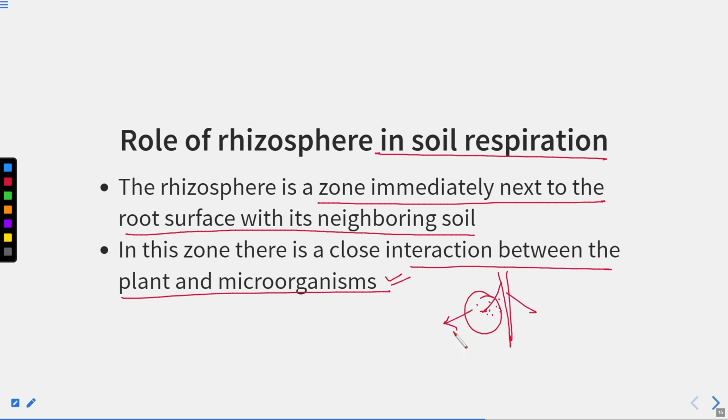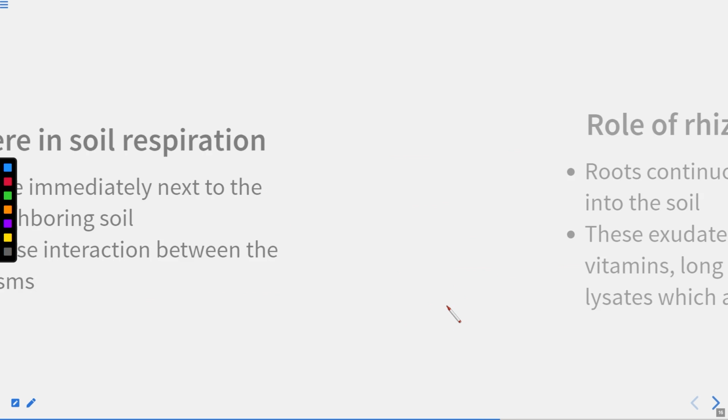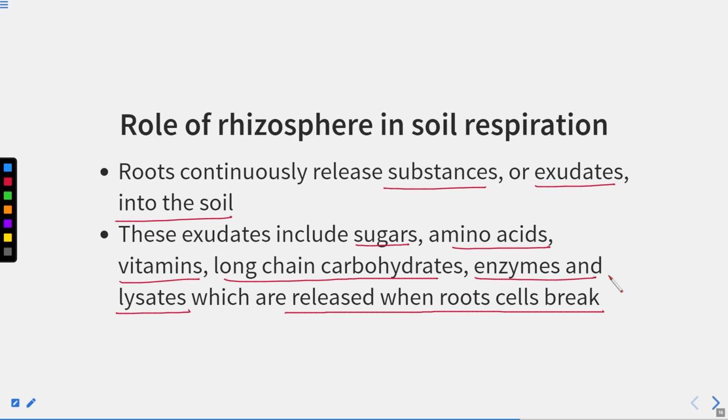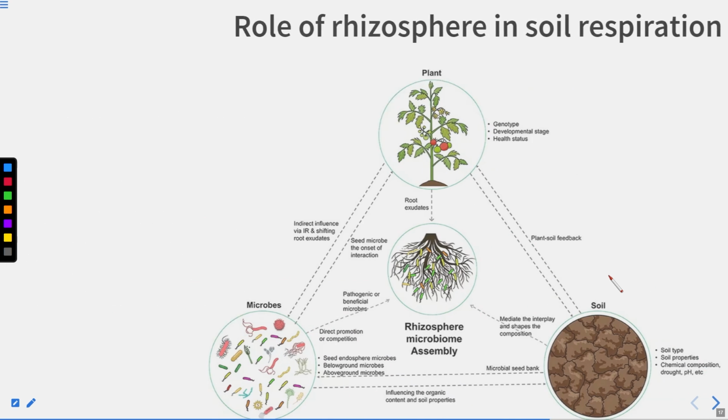So this particular area is called a rhizosphere. Roots continuously release substances or exudates into the soil, and these exudates include sugar, amino acids, vitamins, long chain carbohydrates, enzymes, and lysates, which are released when the root cell breaks.